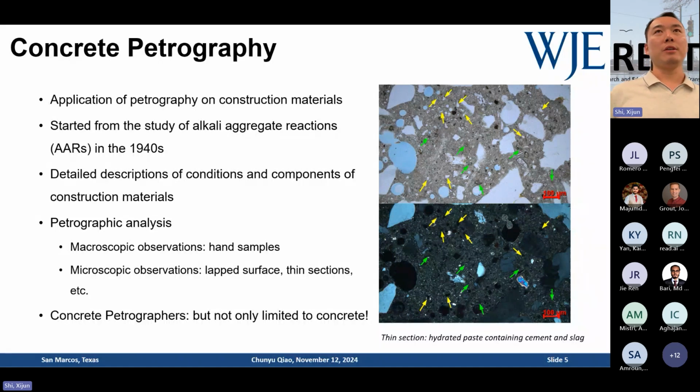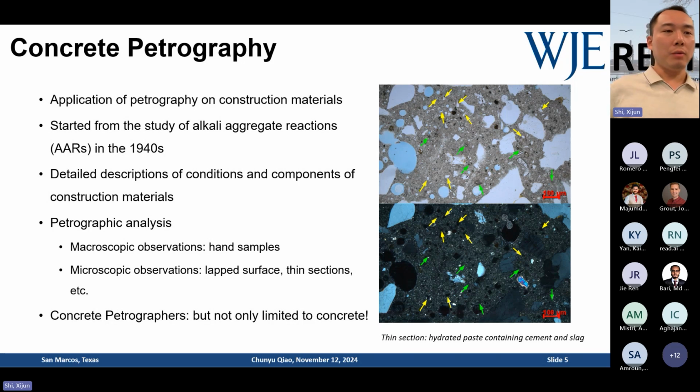Back then, Caltrans engineers noticed some abnormal deterioration on a bridge. So later on, the problem was confirmed as alkali-aggregate reaction. Basically, back then, that's alkali-silica reaction. So back in the 1930s, 40s, people started to use microscopes or petrography to look at concrete.